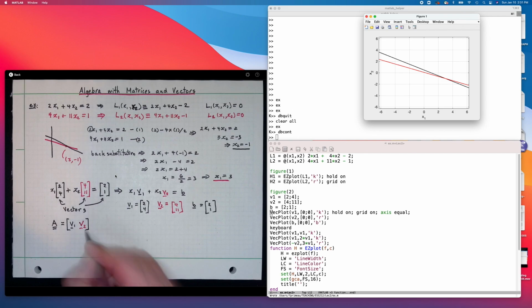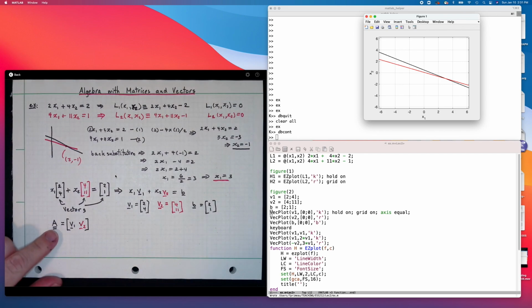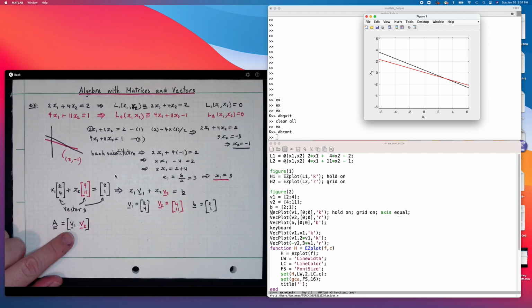So I'm going to try to encourage you to think of matrices, instead of a 2D array of numbers, as a collection of vectors. Sometimes it's more convenient to think of A as a two-dimensional table of numbers. Sometimes it's more useful to think of A as a collection of row vectors.